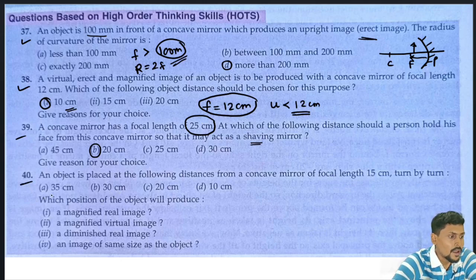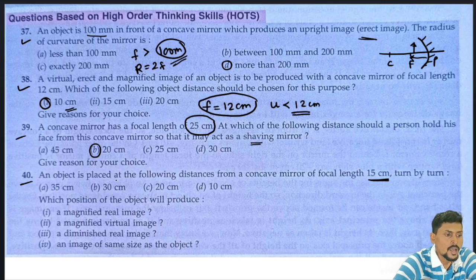Next question. An object is placed at the following distances from a concave mirror of focal length 15 centimeter. We have a concave mirror whose focal length is 15 centimeter. We will place the object at different distances from the concave mirror: 35 cm, 30 cm, 20 cm, 10 cm.